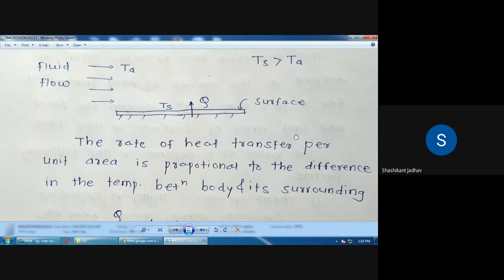difference in the temperature between body and its surrounding.